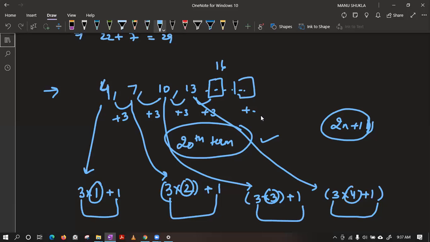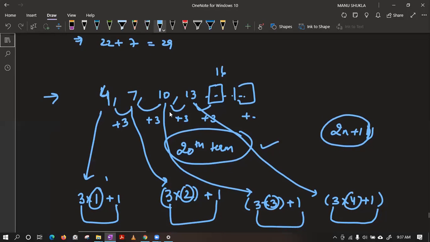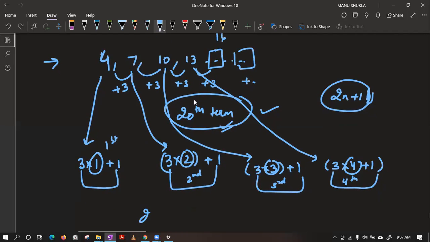If I want to write the nth term, this was the first term, this was the second term, this was the third term, this is the fourth term. What about the 20th term, which I was asking? Class, please tell me, the 20th term will be how much?